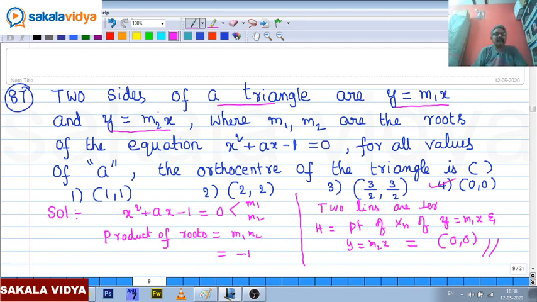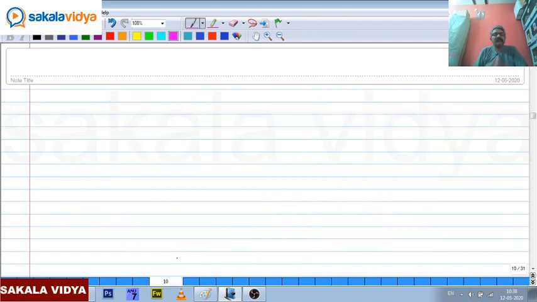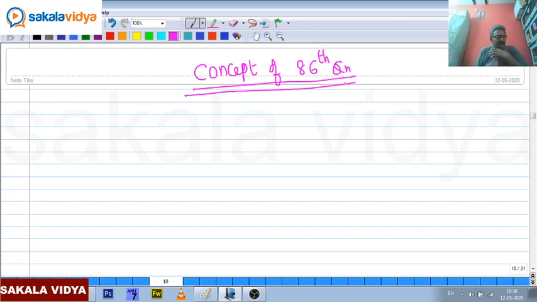Now let me explain the concept of 86th question. See, for example, you take a triangle, suppose A, B, C. Equation of AB is given, L1 is equal to 0.